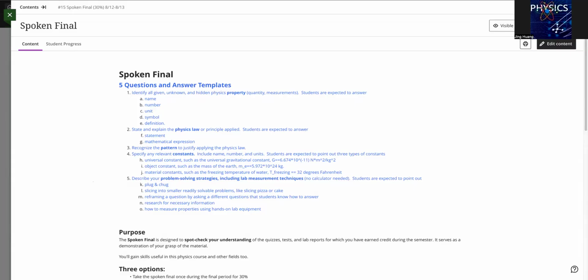And in the end, we do not have time for makeups, because after the spoken final, the instructor really has to focus on grading so that the entire class will receive their grades. That would be the priority. The priority would not be to help somebody who did not have any chance to learn about the spoken final and needs to retake it.